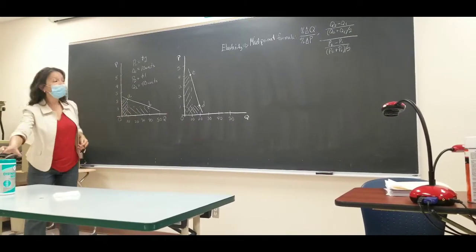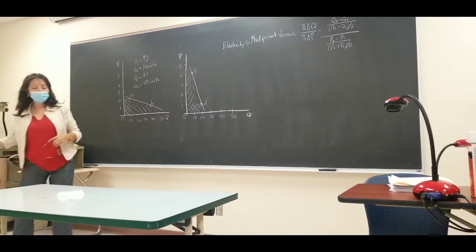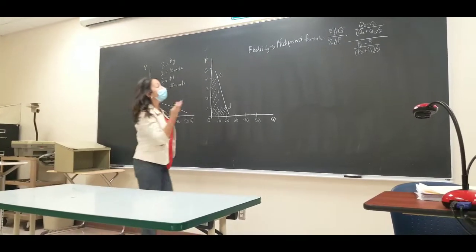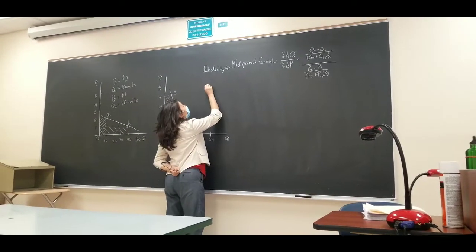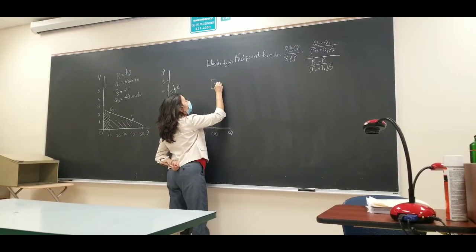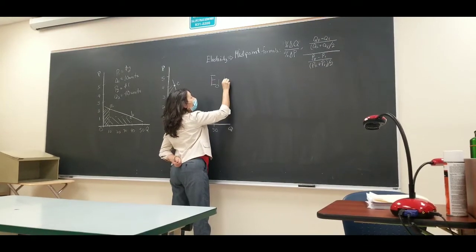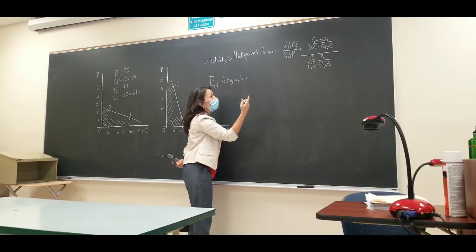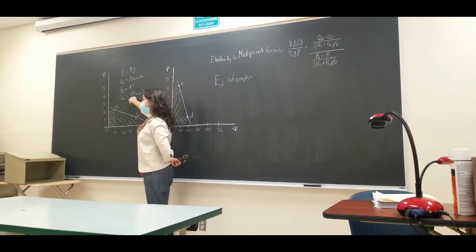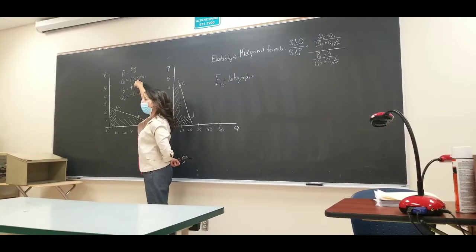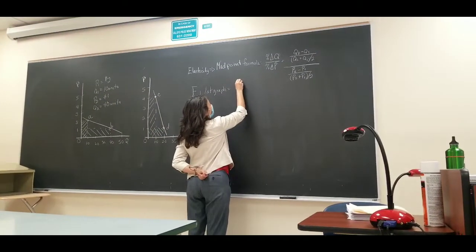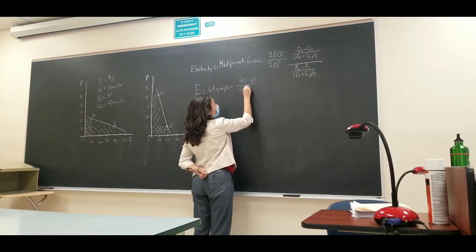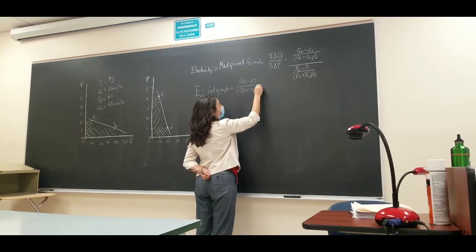Once you have all this information, all you have to do is plug them in. We're doing elasticity of demand for the first graph. Q2 is 40 and Q1 is 10. So we're going to do 40 minus 10 over 40 plus 10 divided by 2.